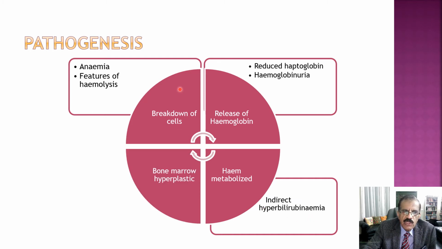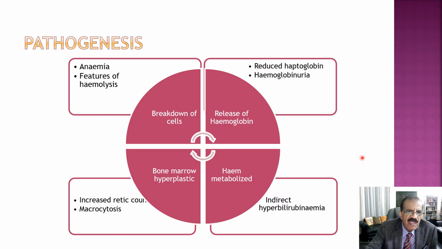Then, because there is hemolysis, the bone marrow is responding appropriately by producing more cells. So the bone marrow will be hyperplastic. This will show in the peripheral blood as increased reticulocyte count and also macrocytosis.